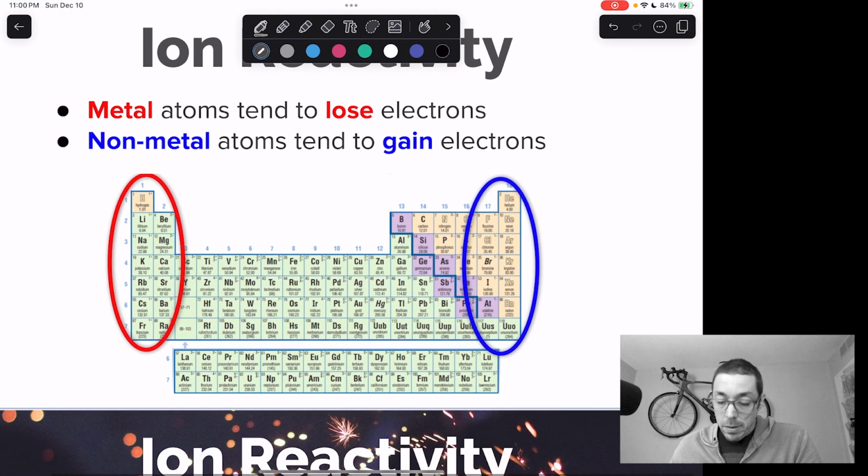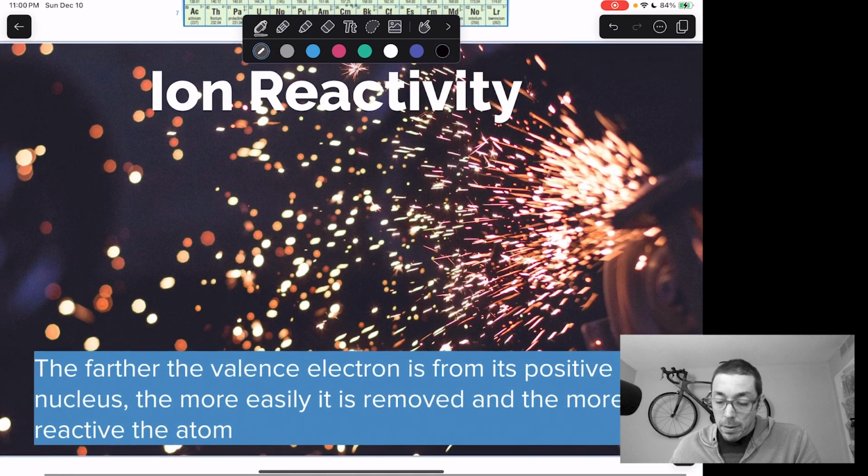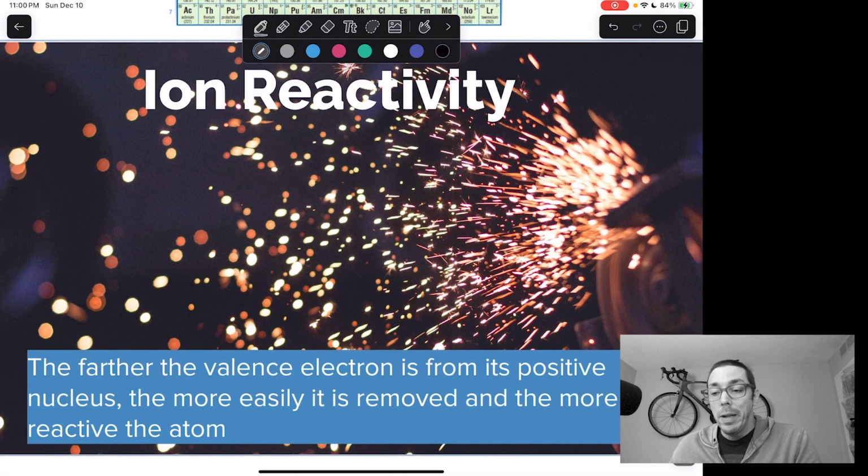So reactivity has a lot to do with trends, which we looked at in the previous lesson. If you think that the thing that makes atoms reactive is how easily they can lose or gain electrons, then we can apply the trends to that and get a good idea of how reactive something will be.